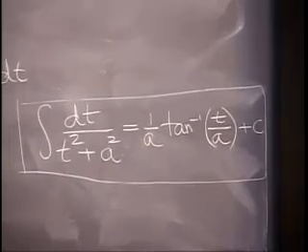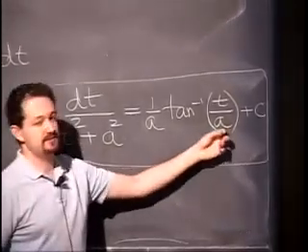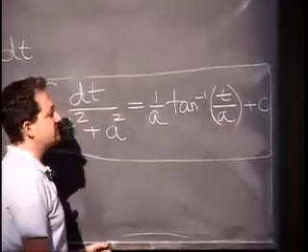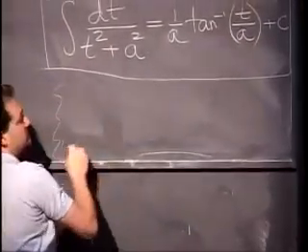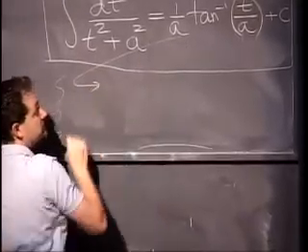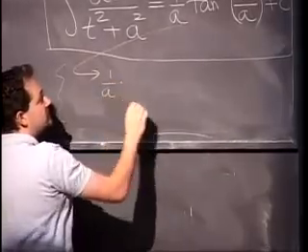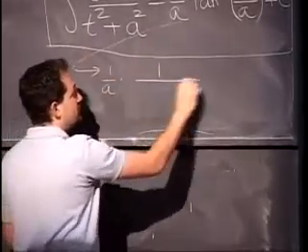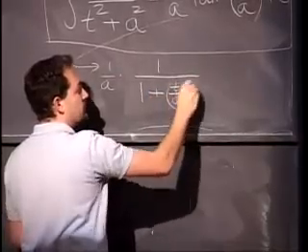Now, why is this true? Well, the best way to see why it's true is just to differentiate this. If you were to differentiate the right-hand side, this is just an aside, by the way. You don't actually have to know this, although I would hope that you could also do it. If you were to differentiate this, you would get 1 over a as the factor, and then inverse tan is going to give you 1 over 1 plus (t over a) all squared.